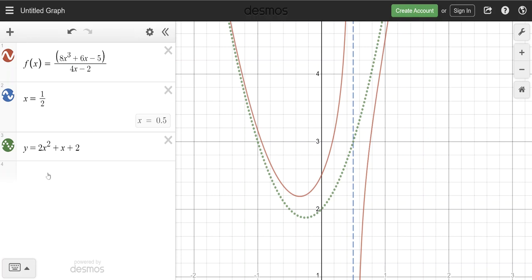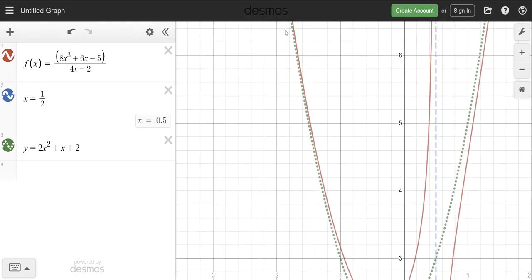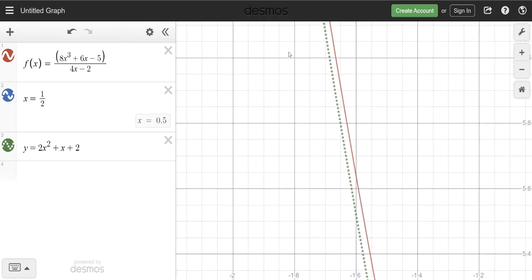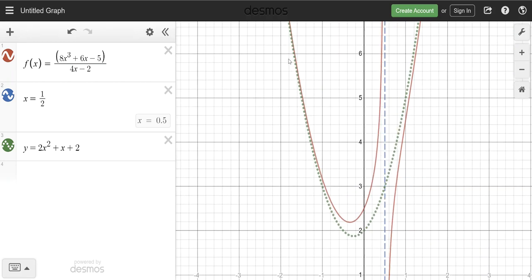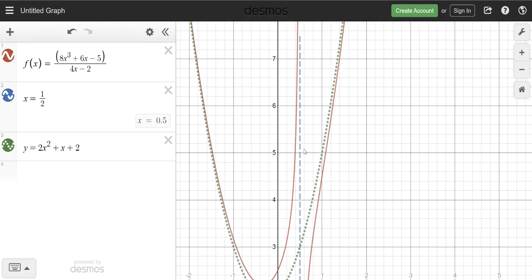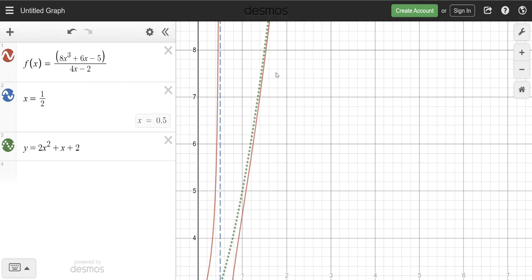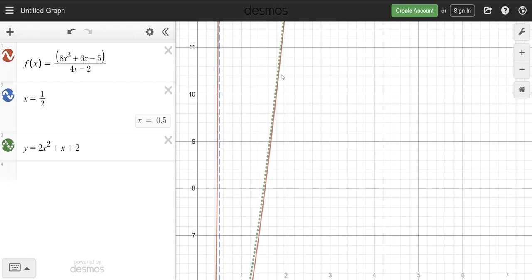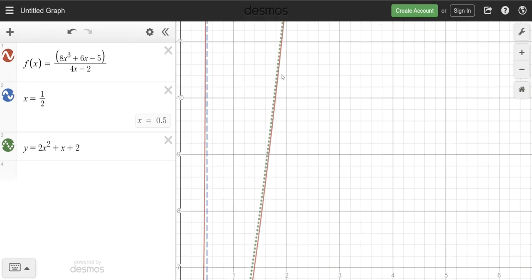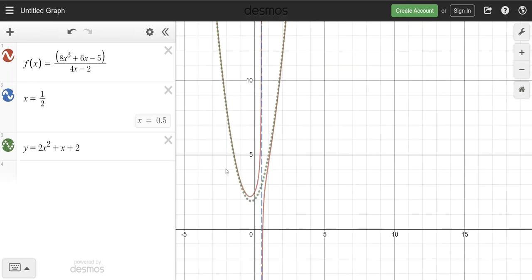And notice that the red line is approaching, but it is not touching. And the same thing over here, the other red line shooting off on the right, approaching but not touching. See? That is very, very cool.